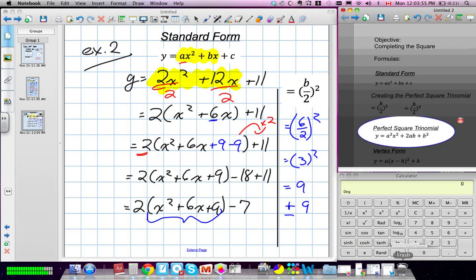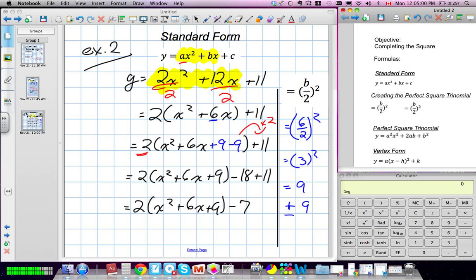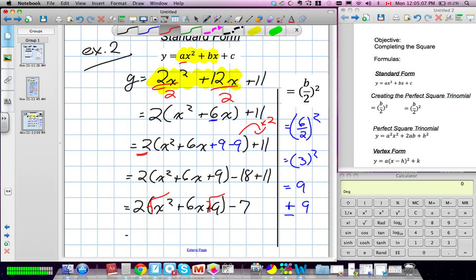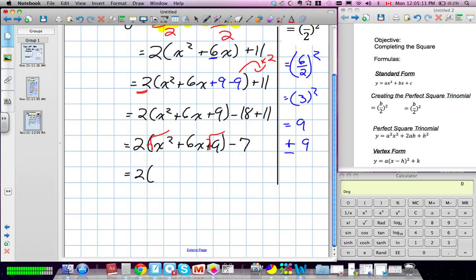Okay, so like we said, we created a perfect square trinomial, which means now, to factor it quickly, I can just square root the first and last terms. When we find the square roots of those two numbers, we'll do it on the side here. Square root of x squared is just x.